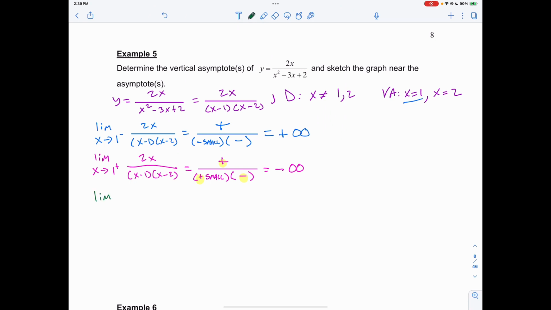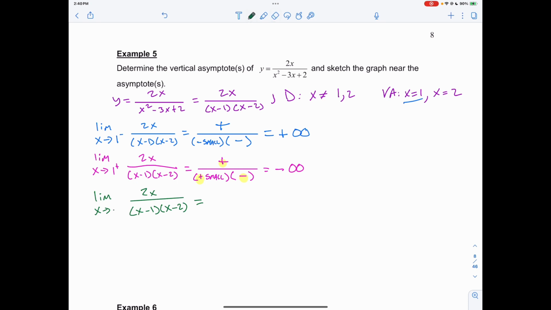If I take the limit as x approaches 2 from the left, well, actually let's do 2 from the left first, just to make it consistent.